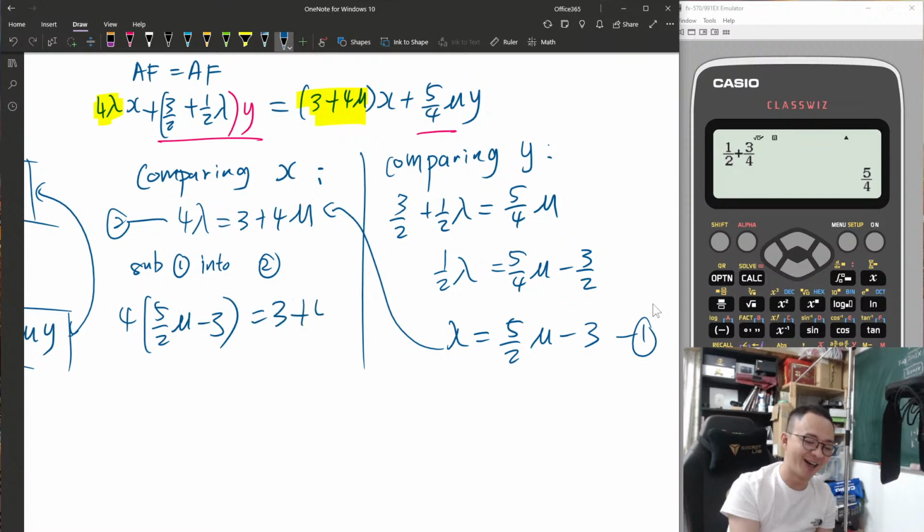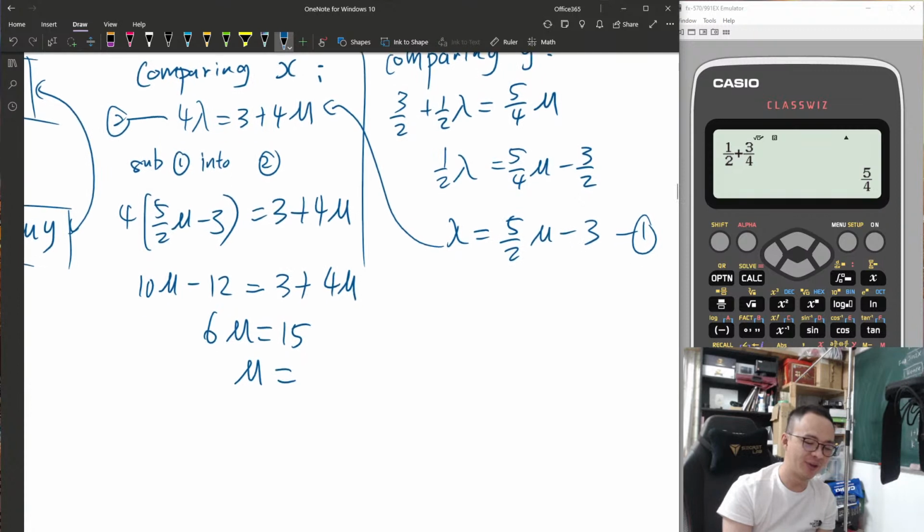I hope I didn't make any careless mistake, or else I need to redo the whole question, which is not fun. So 10 mu minus 12 equals 3 plus 4 mu, so I get 6 mu equals 15. Mu equals 15 over 6, which is 5 over 2.